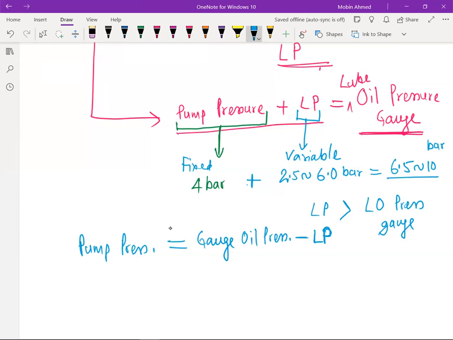Now, if I want to find out the pump pressure, I know that it is going to be 4 bar. Suppose I take the gauge oil pressure as 6.5 bar to 10 bar, minus this 2.5 bar to 6 bar. Because this is fixed or constant, it is always going to be 4.